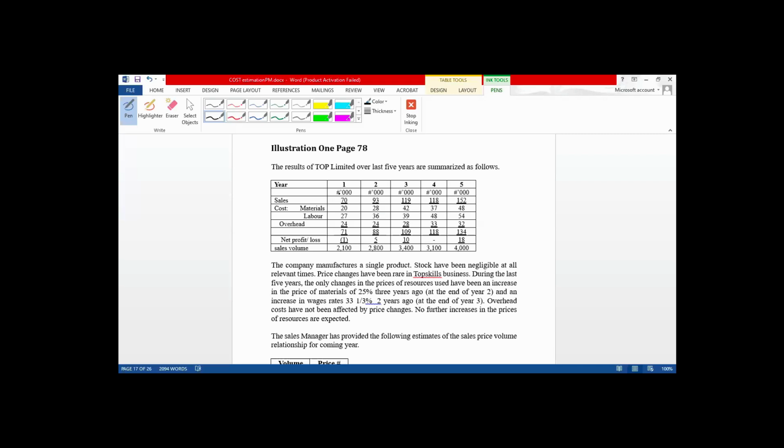That 30 is looking at sales value in Naira, material cost, labor cost, overhead cost, profit or loss in Naira. But that volume is a unit. So that 30 is not capturing that volume.